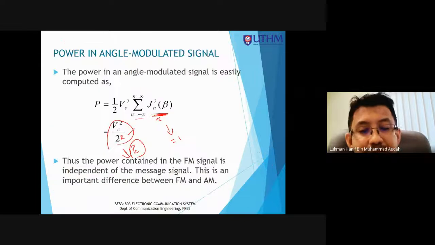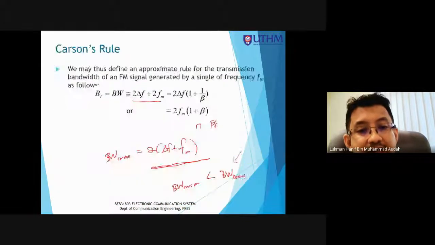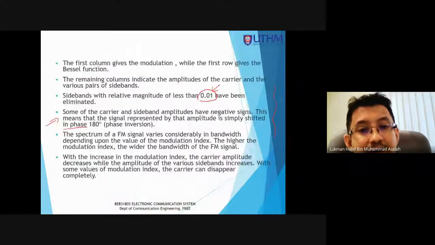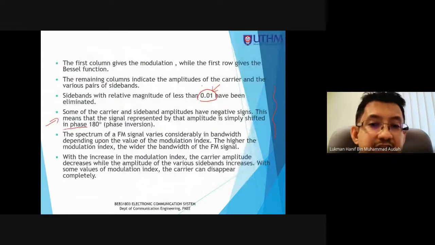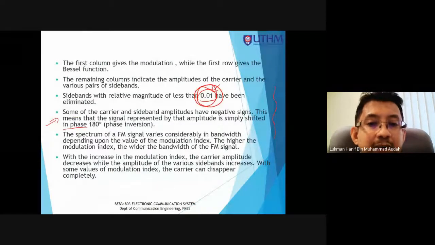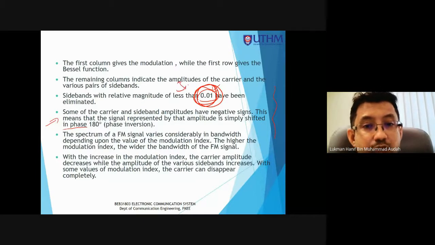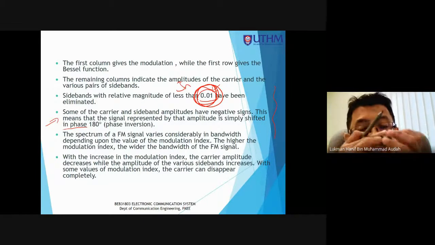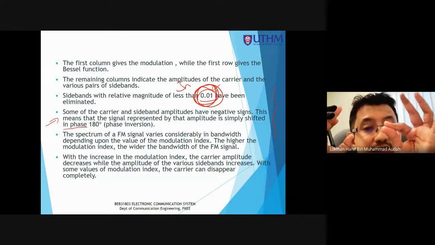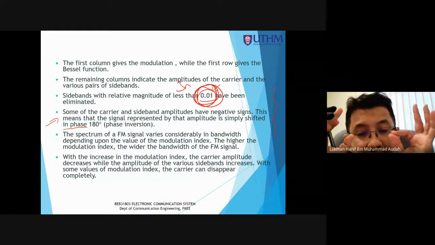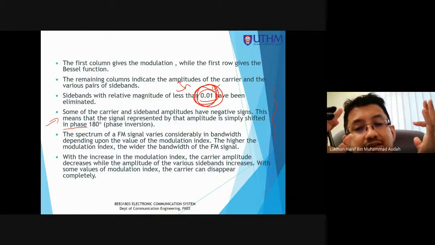Kenapa? Disebabkan oleh ini. Kalau kamu gunakan table tadi dia berlaku approximately disebabkan ini. Kerana kita telah mengabaikan nilai J kurang daripada 0.01, telah dibuang daripada table. Itu sebabnya you dapat approximation hampir sama dengan PC.